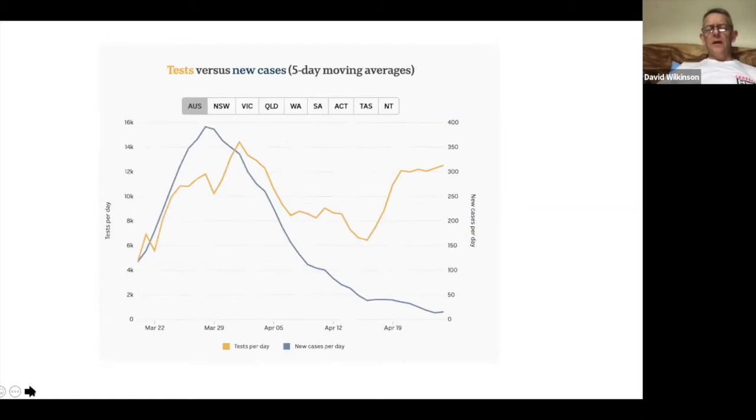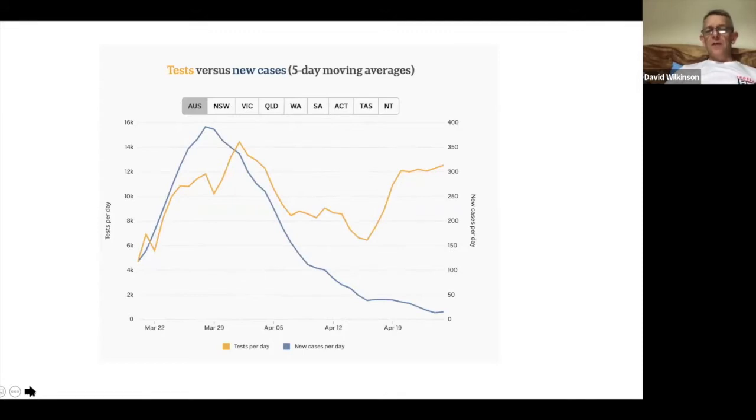This is, I think, an important graph because it shows in yellow the number of tests being done every day across Australia. And you can break this down on the original source by state, but you'll see that a remarkable number of tests are being done every day in Australia, around about 12,000.